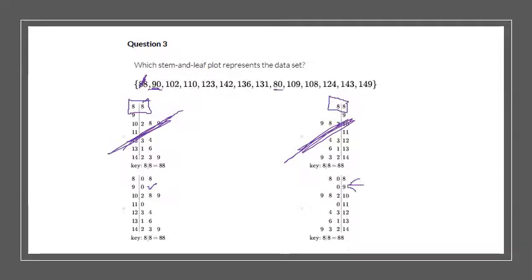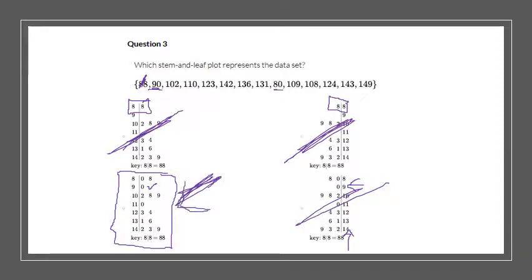And I notice that they've got their tens place on the right hand side and not the left. So that one cannot be my answer. So this last one right here is my answer.